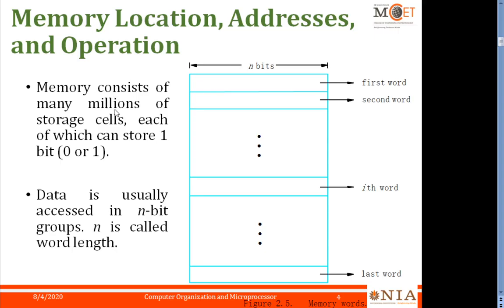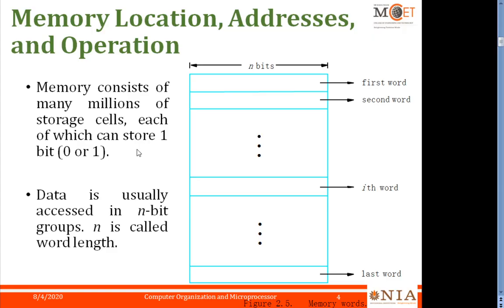That location will consist of millions of storage elements or storage cells. I think you have studied in digital system design, that is flip-flop and latches. Both will act as storage elements and each will store one bit of information, that may be 0 or 1.